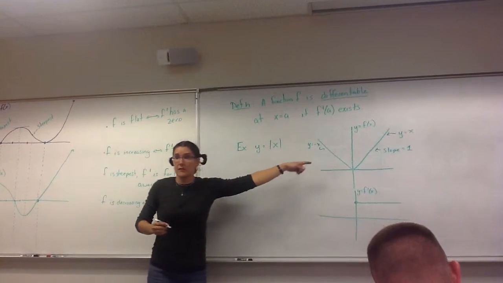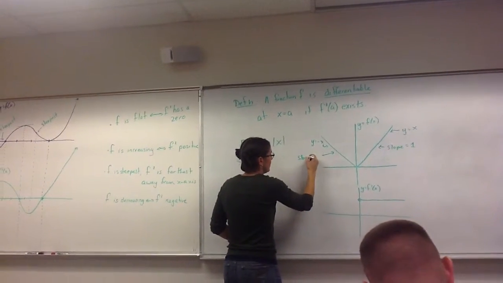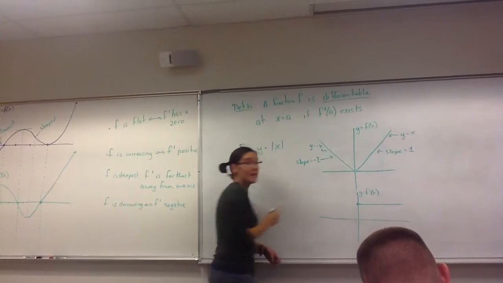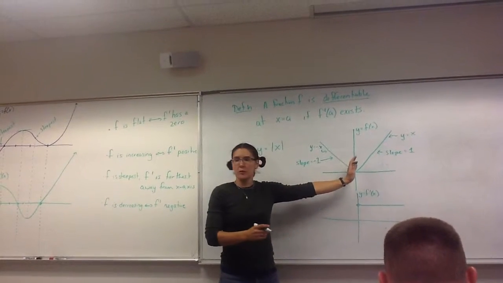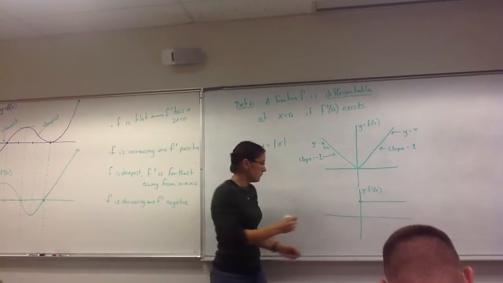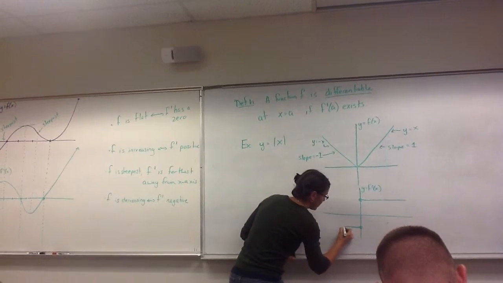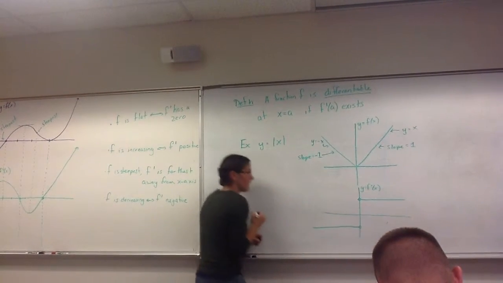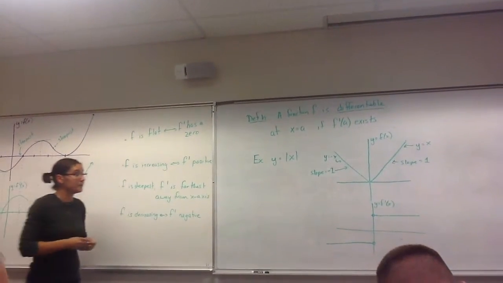Now, in the left-hand branch of this absolute value, y equals negative x, the slope there is equal to negative 1. And so for every x value up to but not including x equal to 0, our slope is negative 1, which means that my derivative function, f prime, is a horizontal line at y equals negative 1.